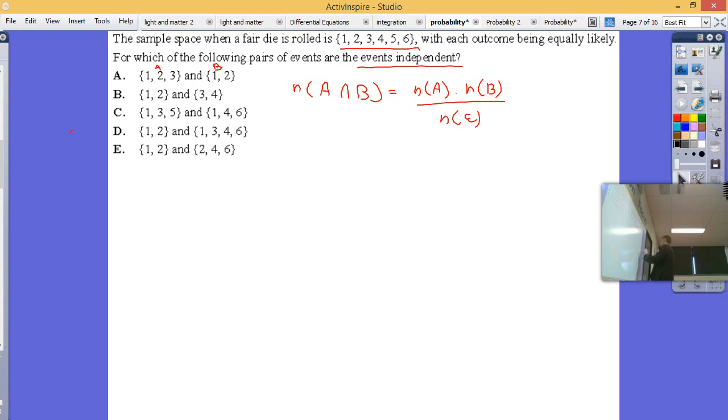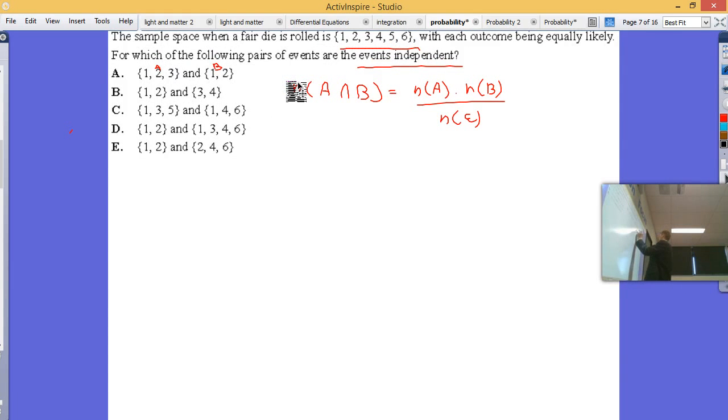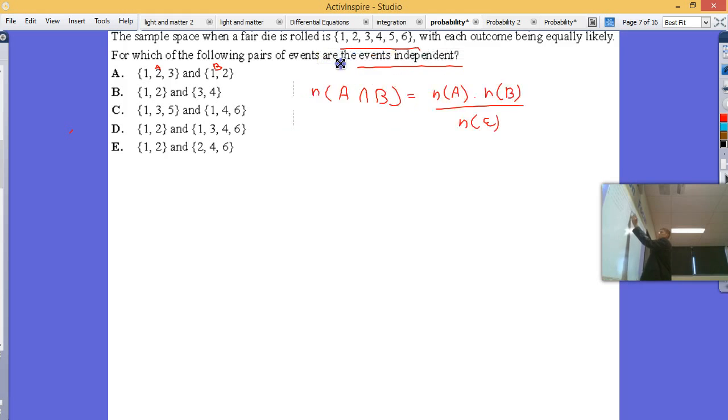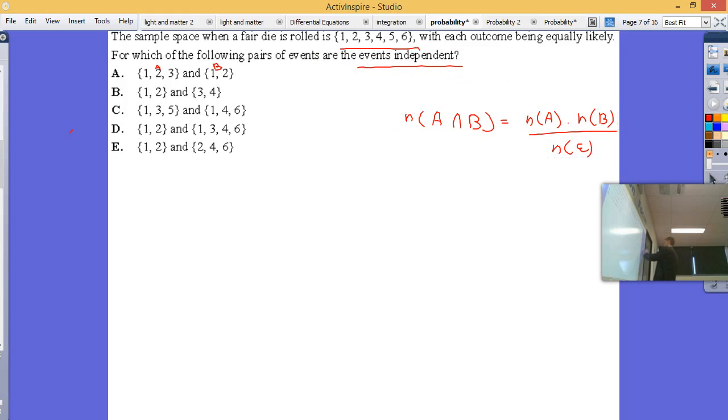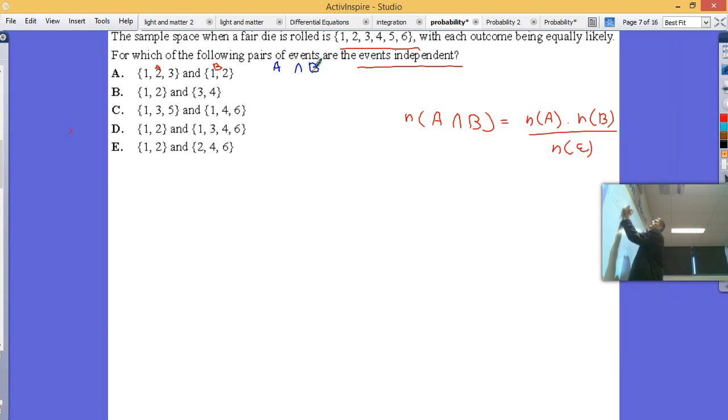So what I can do is start finding the intersect of each one. So a little column here, A intersect B, where they are the same. So I'll have 1 and 1, yep, they're the same, and 2 and 2, they're the same.